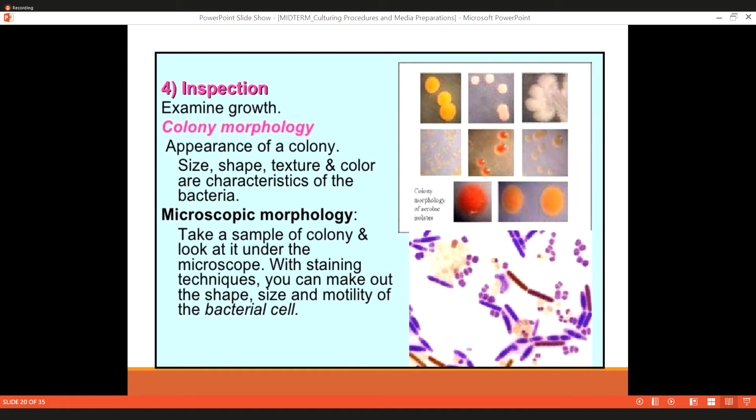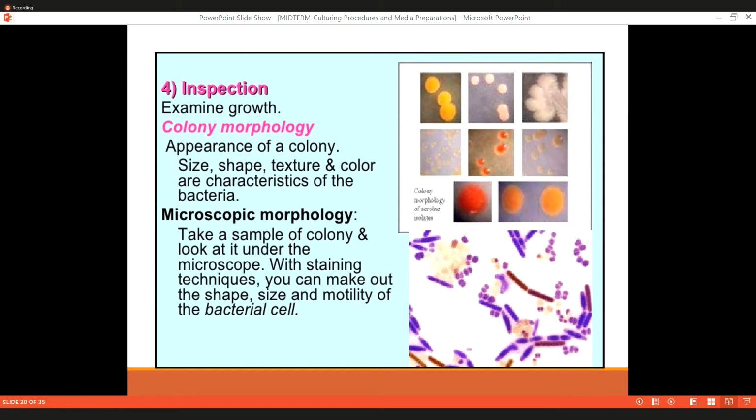It's not just looking at it with your naked eye, but you also need to examine it using a microscope. You need to describe and identify the appearance of the colony: size, shape, texture, color, everything. You can also subject your sample to staining so that you can better appreciate the examination of your sample.